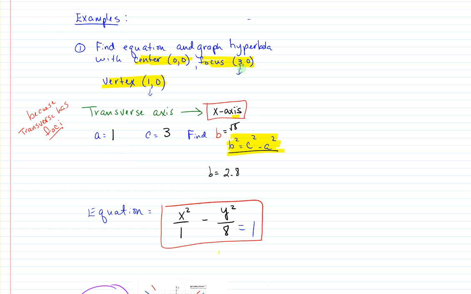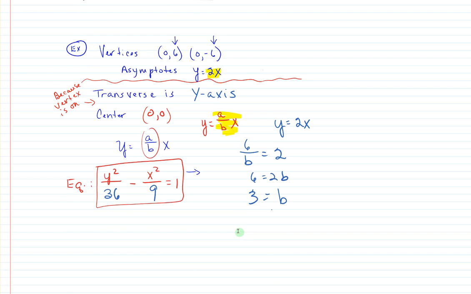The focus gives you the c value, so c is 3. You find the b using the formula you're given, b squared equals c squared minus a squared. You come up with b is the square root of 8, and b squared is 8. So the equation would be x squared over 1 minus y squared over 8 equals 1.